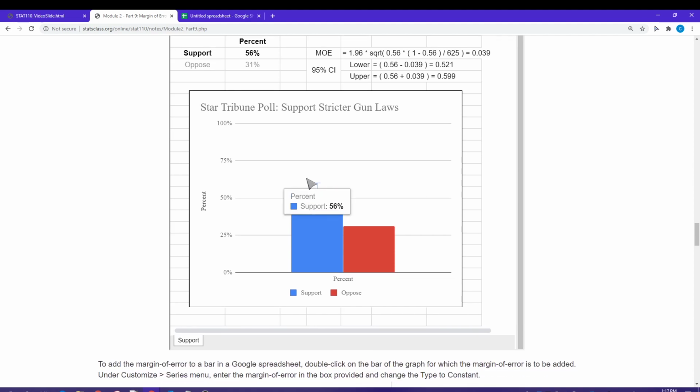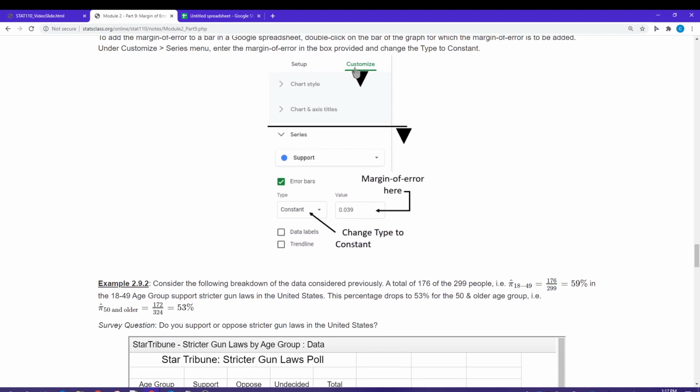Here I've actually created a graph and put that margin of error on top of that bar, that 56%. I think I've given you the instructions for doing that here, but I think I'll just go over into my spreadsheet and do that quickly for you.